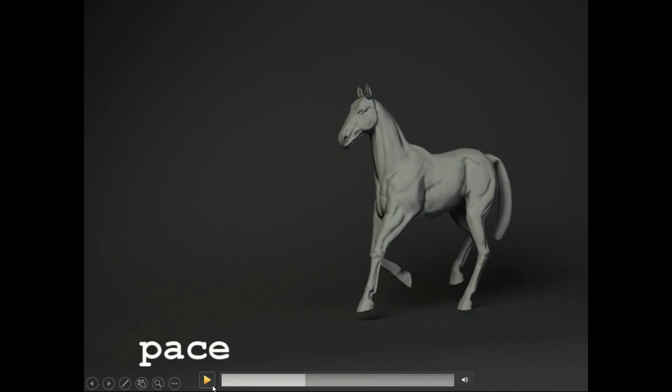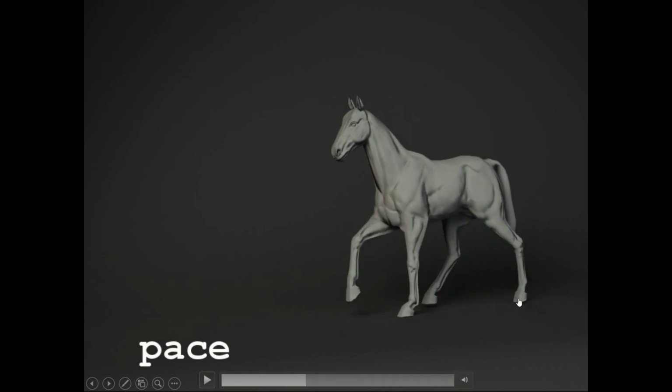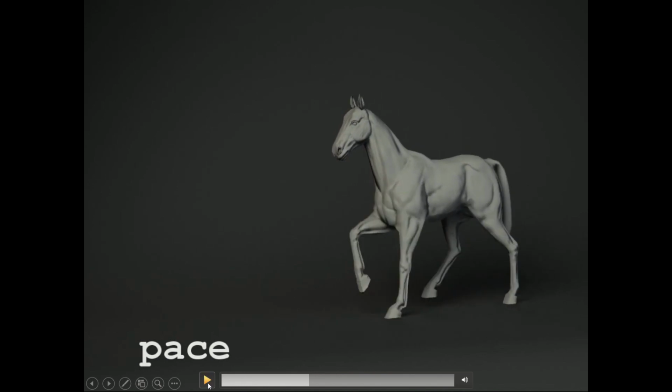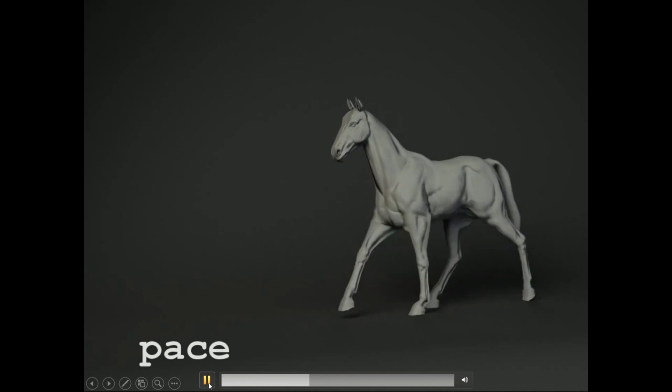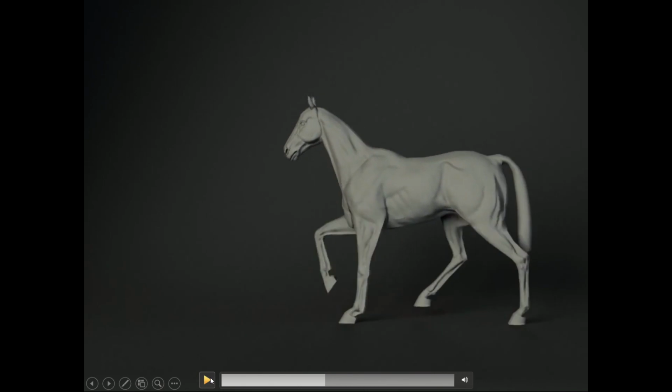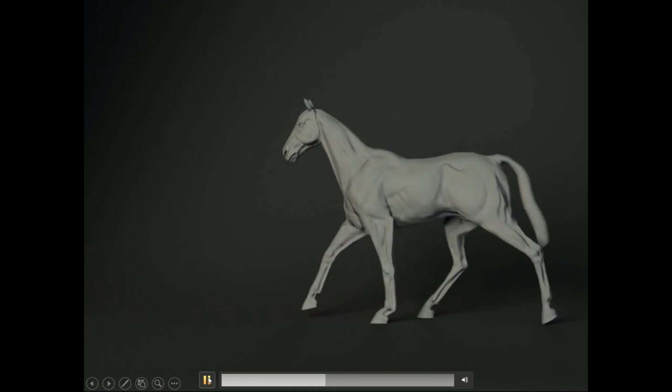See over here, the left side legs will be on the ground while the right side legs will be in the air. Now the right side legs are on the ground while the left side legs are in the air. So this is pace, the exact posture of the pace.